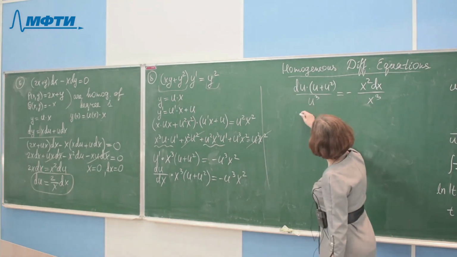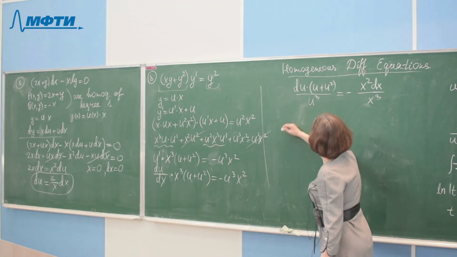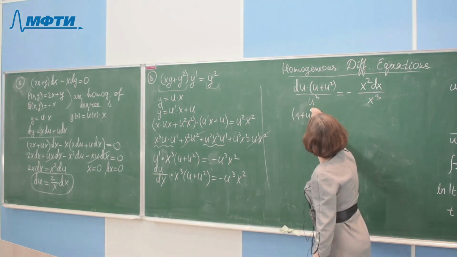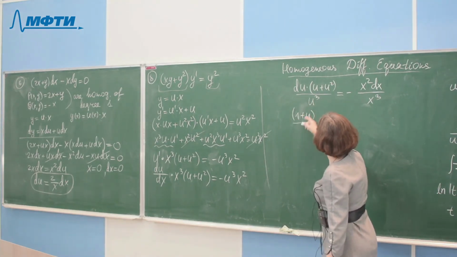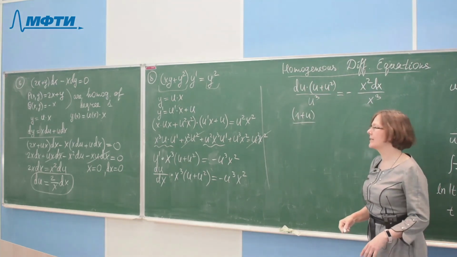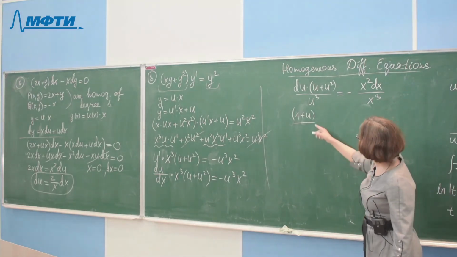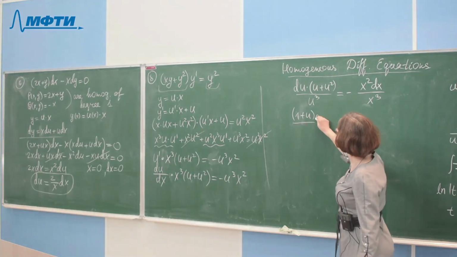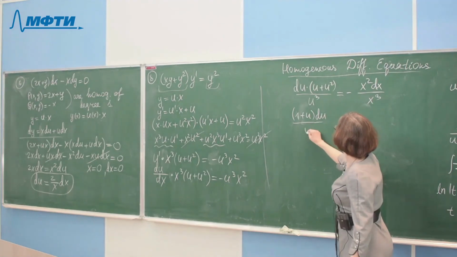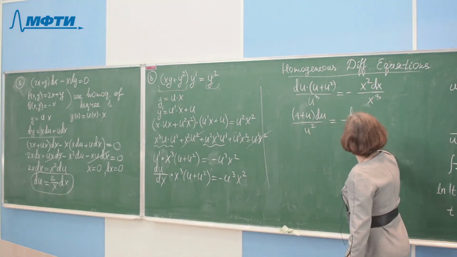Next we will simplify. u is a common factor in the numerator and denominator, and we will divide out u, and we will get 1 plus u du over u squared equals minus dx over x.